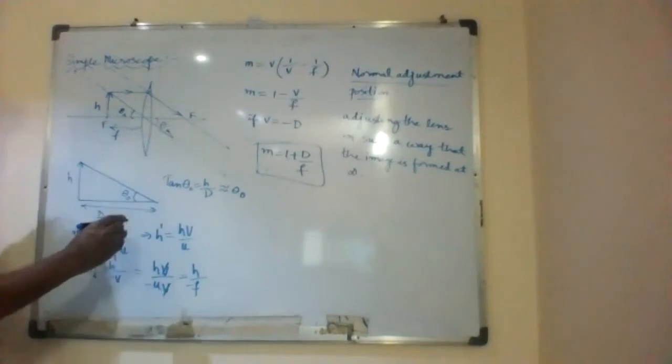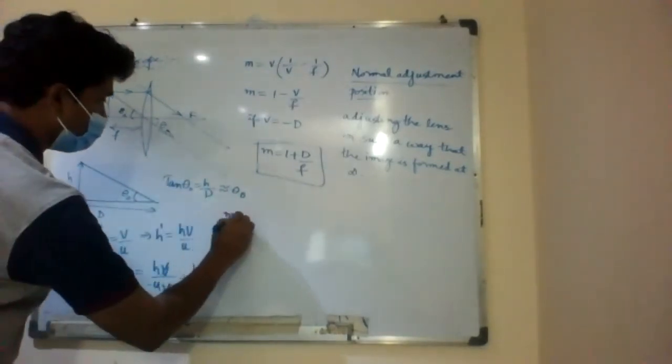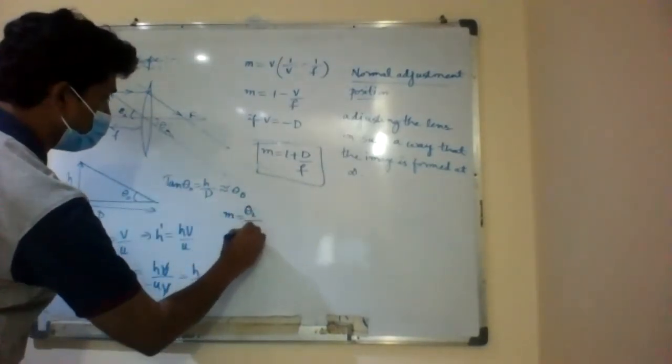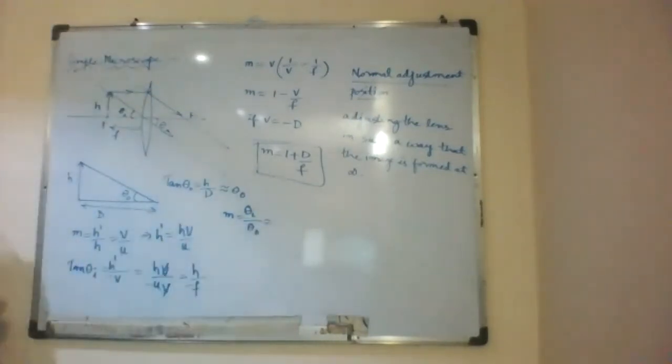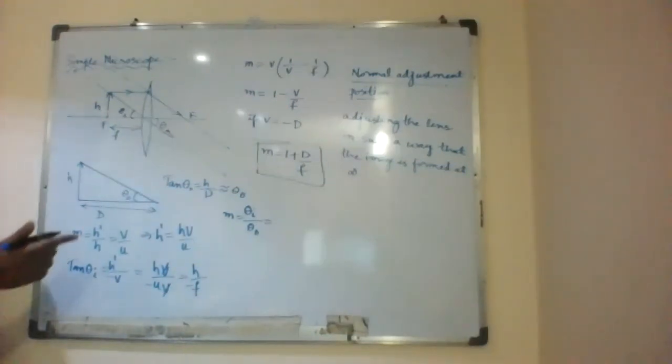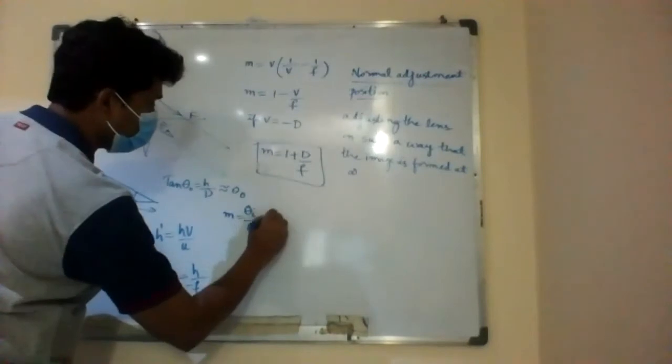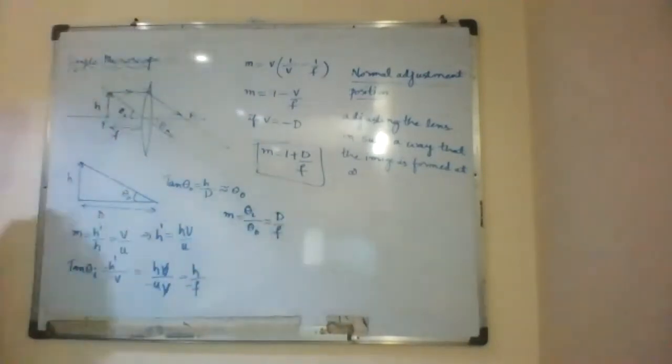So the magnification formula is theta I by theta 0. So theta I is equal to what? Here I am writing d by f. How come? Can you tell me?